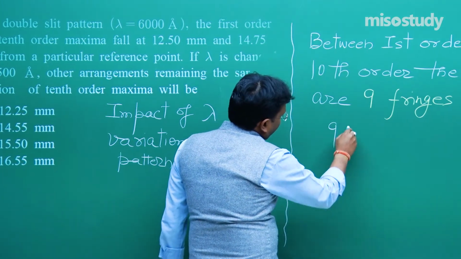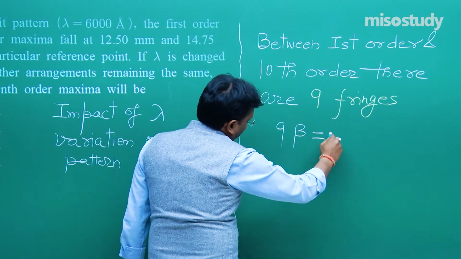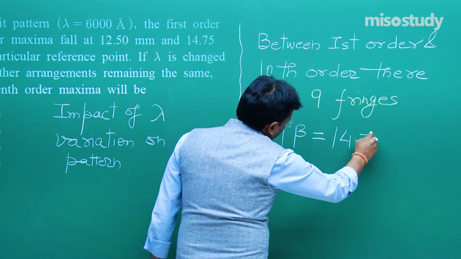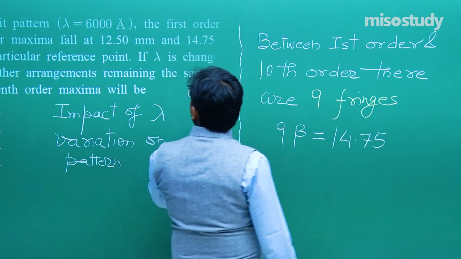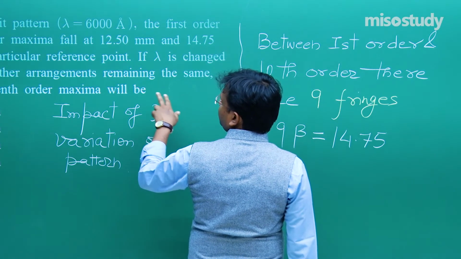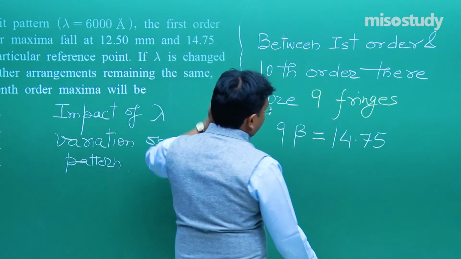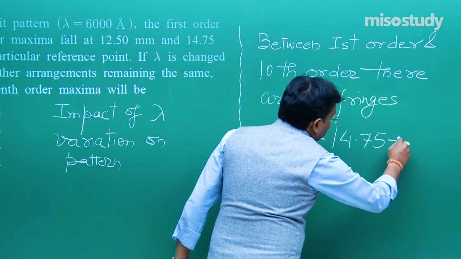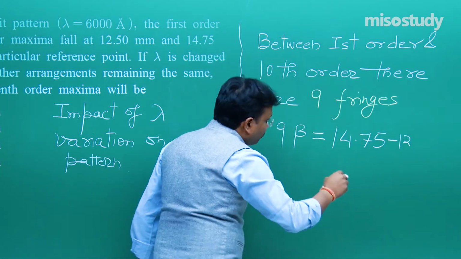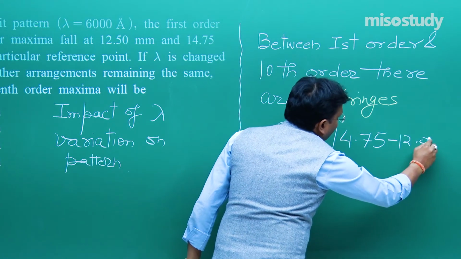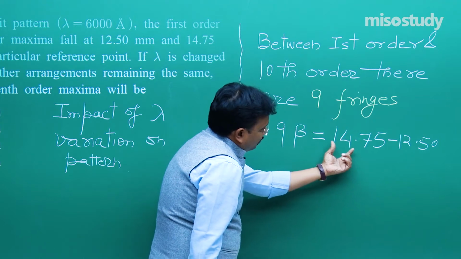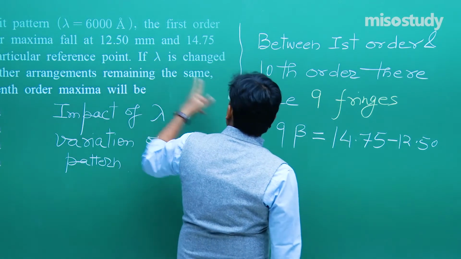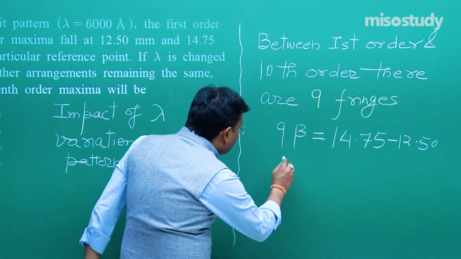So, 9 beta is equal to 14.75, and what is the value given as? It is 12.50. So, 9 beta is equal to 14.75 minus 12.50. So, what it will give you?